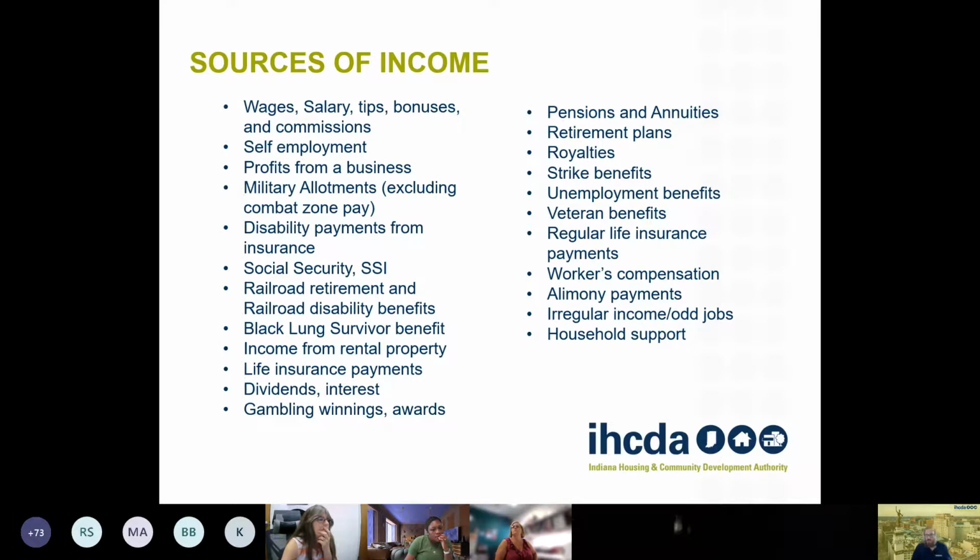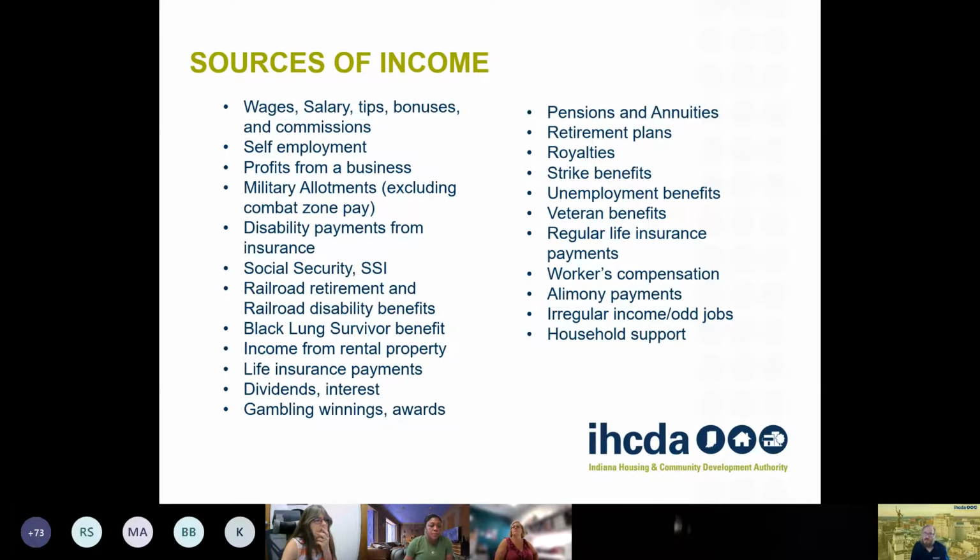All right, moving on to the different sources of income. For earned income, we have wages, salary, tips, bonuses, commissions, self-employment, profits from a business. We will count military allotments. However, we exclude combat zone pay.